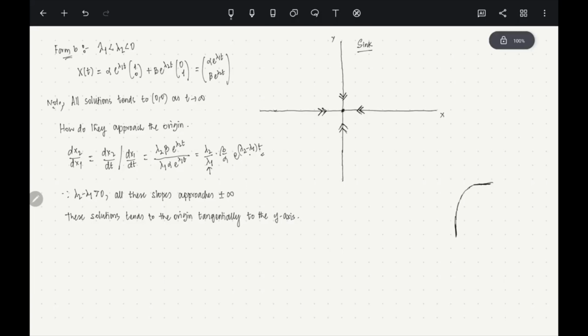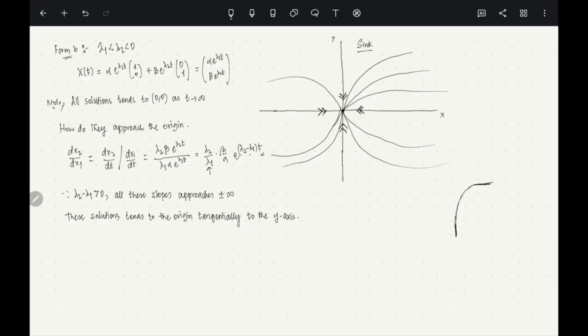See, the curves will look like this. Okay, and similarly this, and similarly this. And similarly here, this also, this and this. Okay, sorry, here you see it is coming towards the origin.